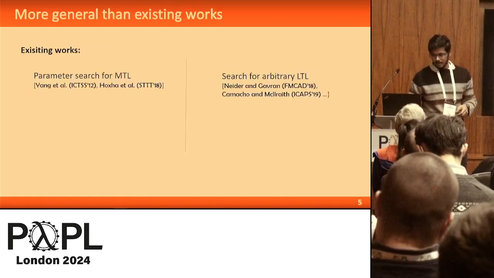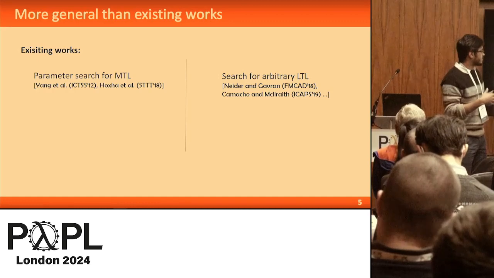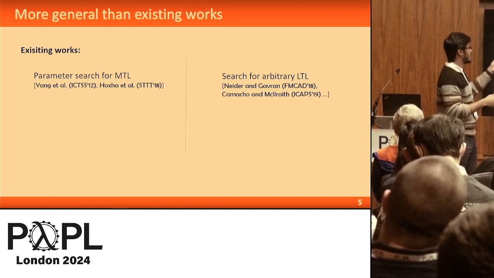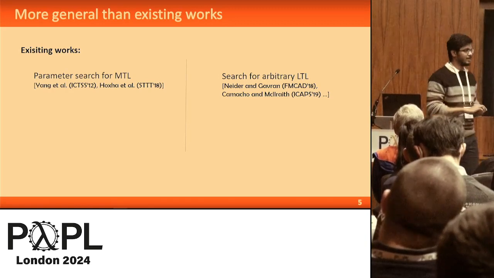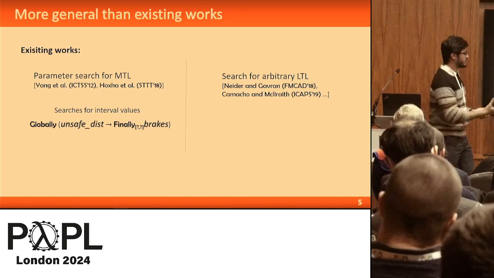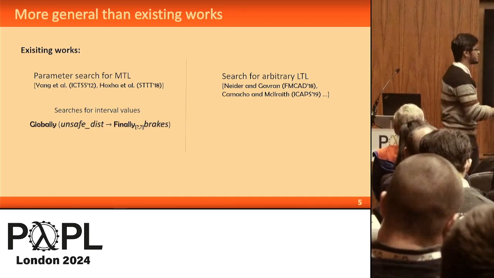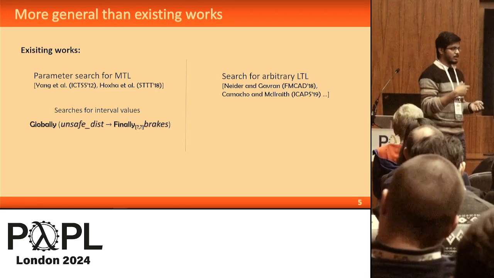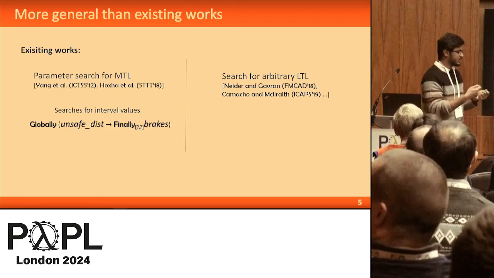Now, some of the works that exist in the literature look at the parameter search problem for MTL, which is, given an MTL formula of a fixed structure, they would search for the interval values. They do not search for the structure of the formulas.